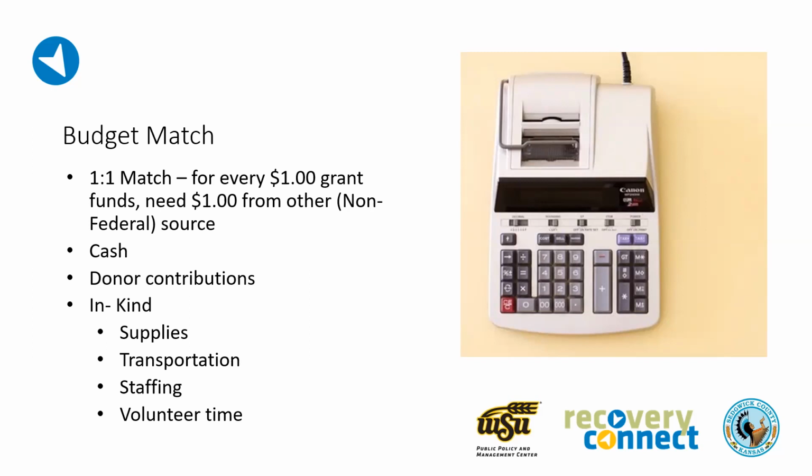It can be in-kind things like supplies or your transportation, staffing time, volunteer time. All of those can be counted as in-kind towards your match. But you always want to refer to your grant guidelines and your program officer to be sure that what you're counting as match is allowable.